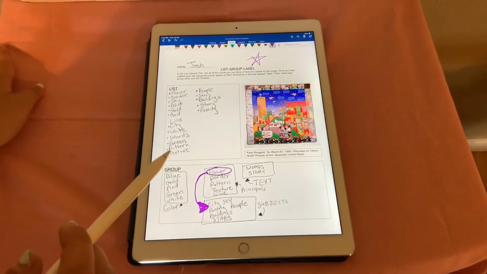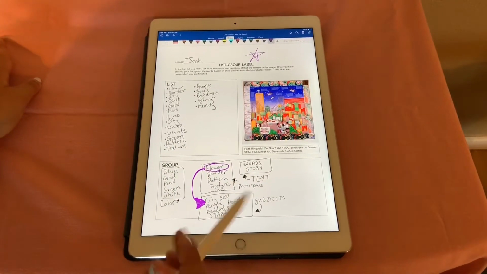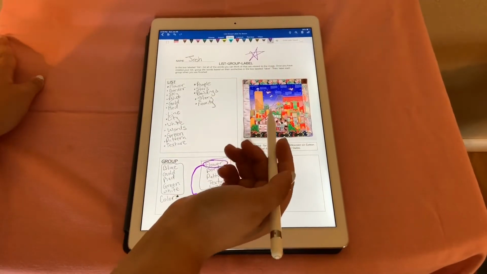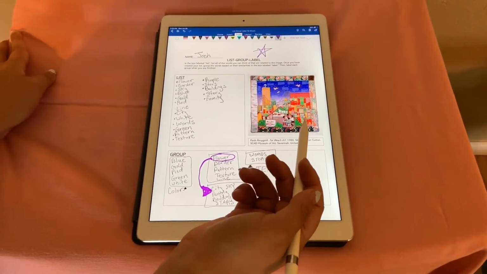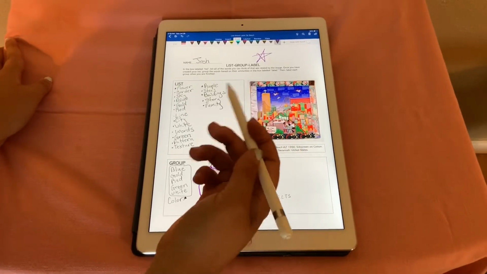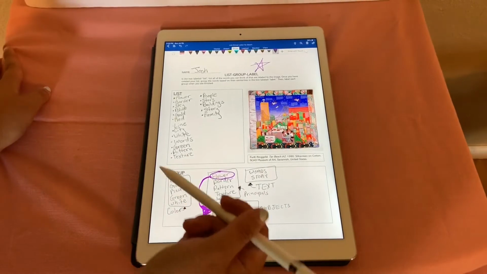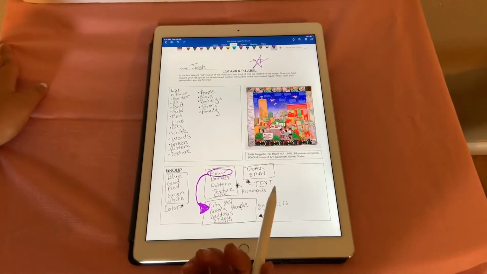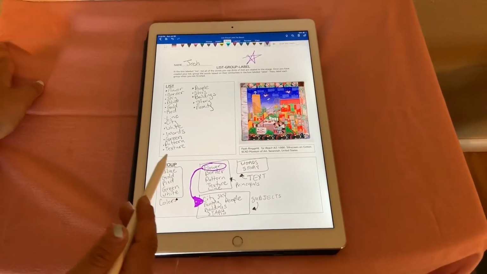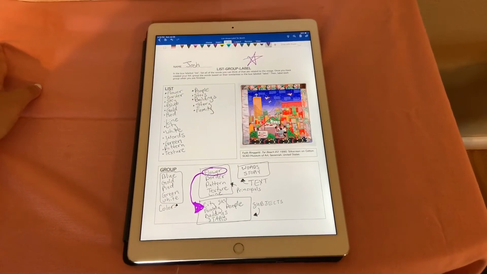Throughout the year, as we introduced different artists and used different ones, I'd be able to see the students' growth. As the year went on, the list would get more extensive as they learned more vocab words, and the grouping would get into more groups.